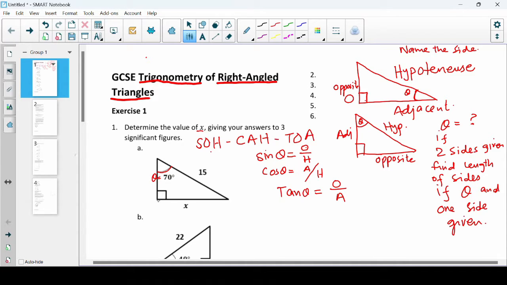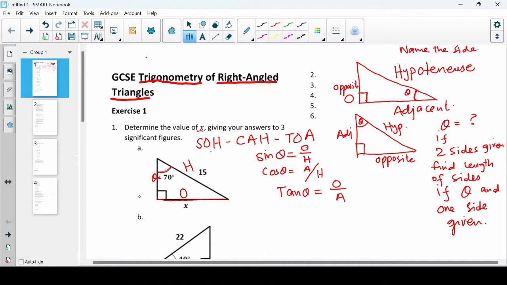In this triangle, the angle theta is 70 degrees, and we have been asked to find this x, whereas the hypotenuse has been given here. First we name all three sides. With respect to the 70 degree angle, this x is opposite, so we name it O. This 15 is the longer side, so it is the hypotenuse, H. Then this side is adjacent.